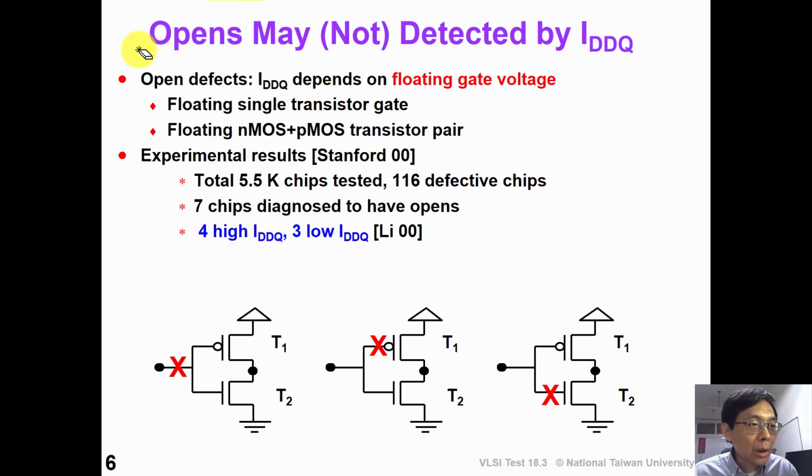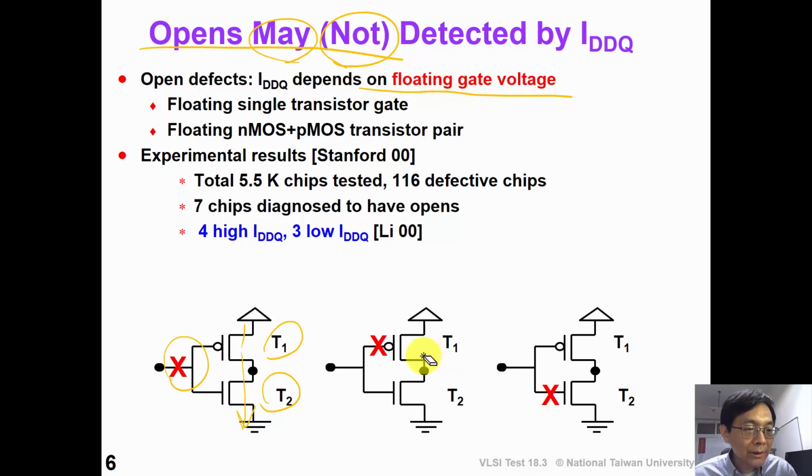On the other hand, open defects may or may not be detected by IDDQ testing. For example, suppose we have an open defect here. So this pair of NMOS and PMOS transistors are open at the same time. So whether it will cause IDDQ depends on the gate voltage. A similar thing happens to an open NMOS gate or PMOS transistor gate.